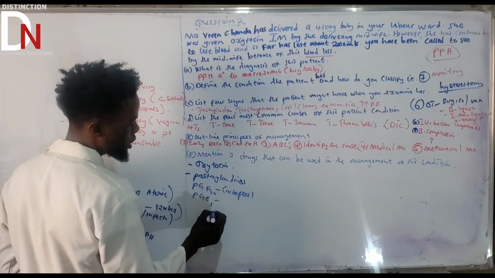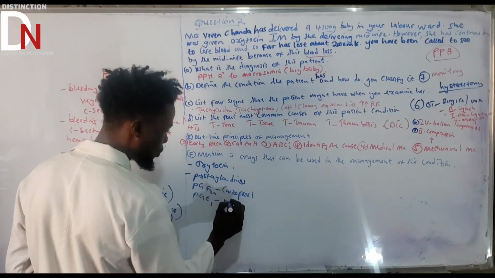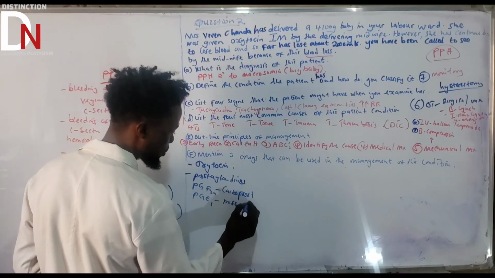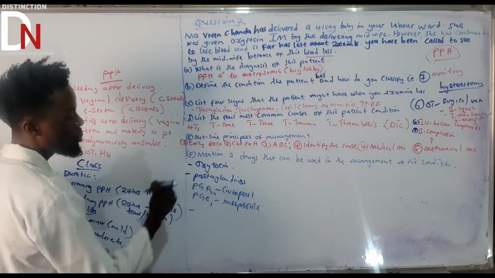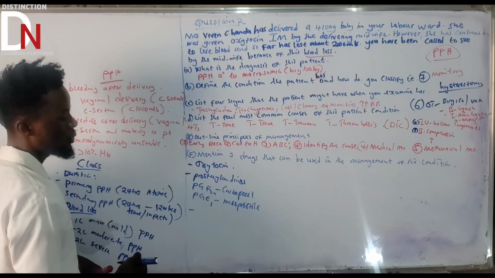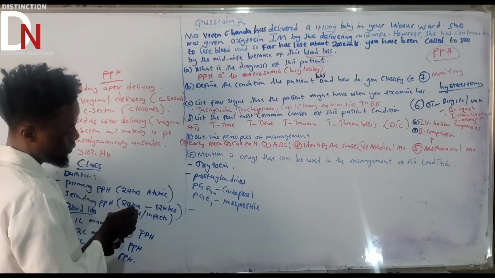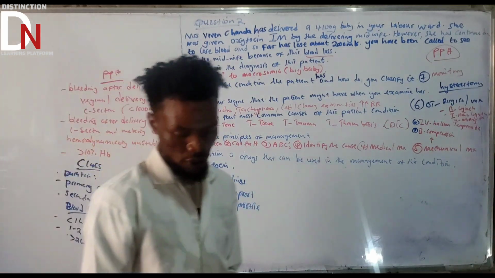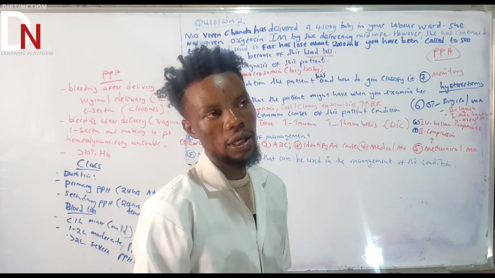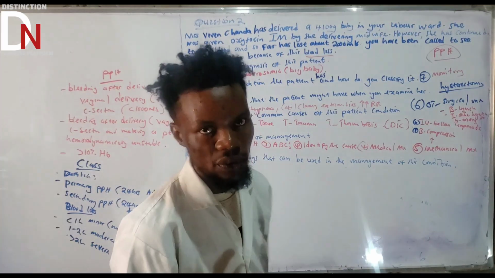PGE1, which is misoprostol. This also promotes uterine contraction. What else apart from that? You can also give calcium gluconate because it also promotes uterine contraction.